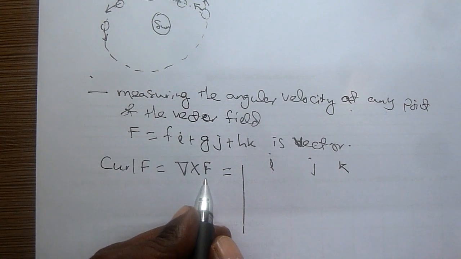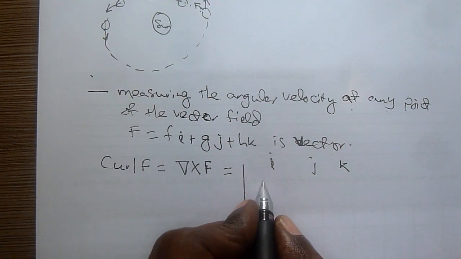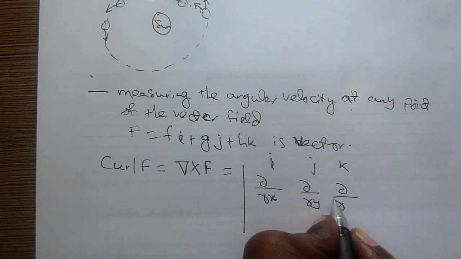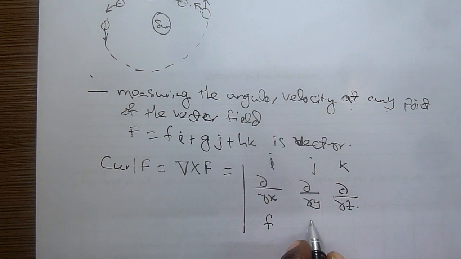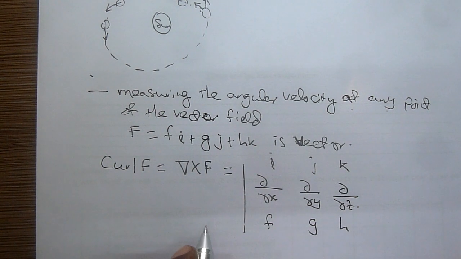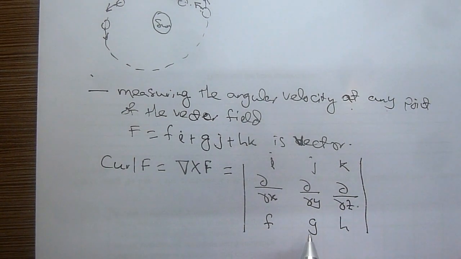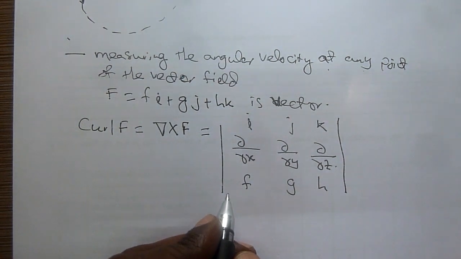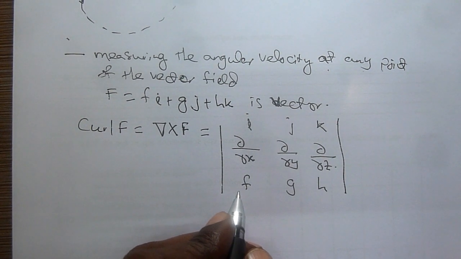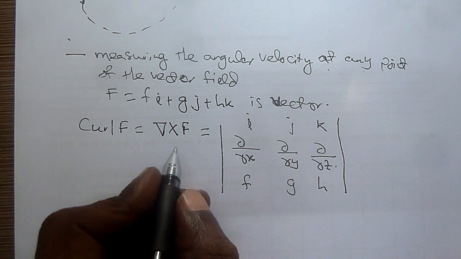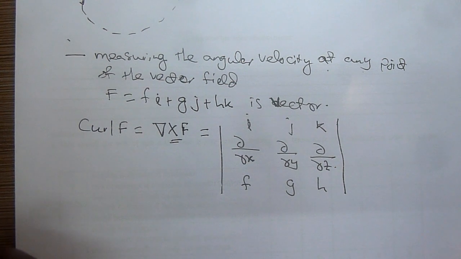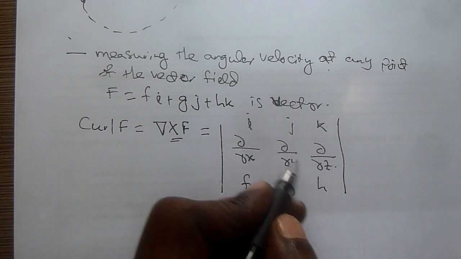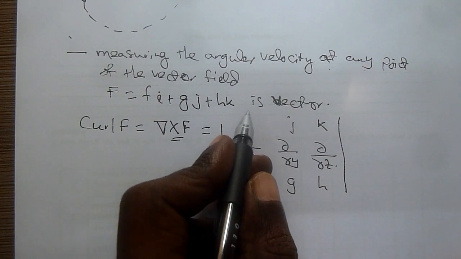The definition is the matrix with i, j, k in the first row, del x, del y, del z in the second row, and f, g, h in the third. As I explained previously, to use the cross product here, you hide i first, then cross the remaining two, and place the i back.